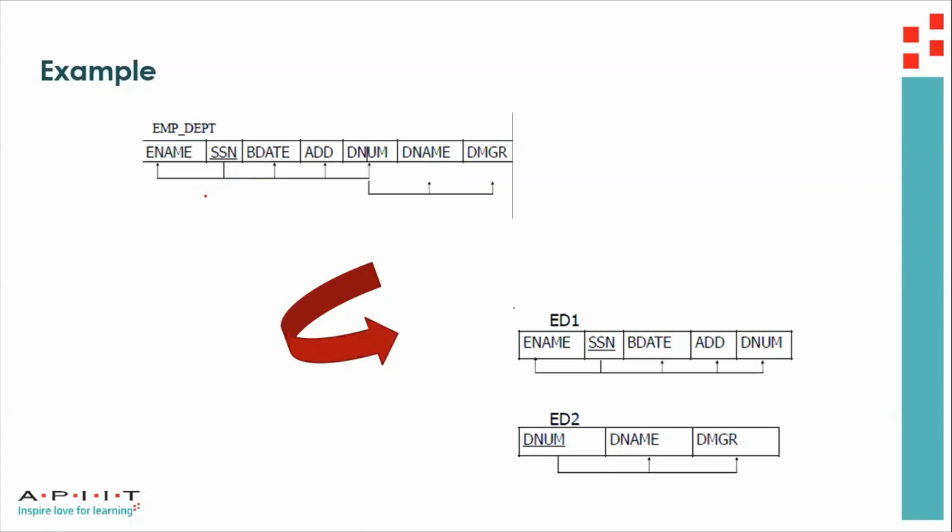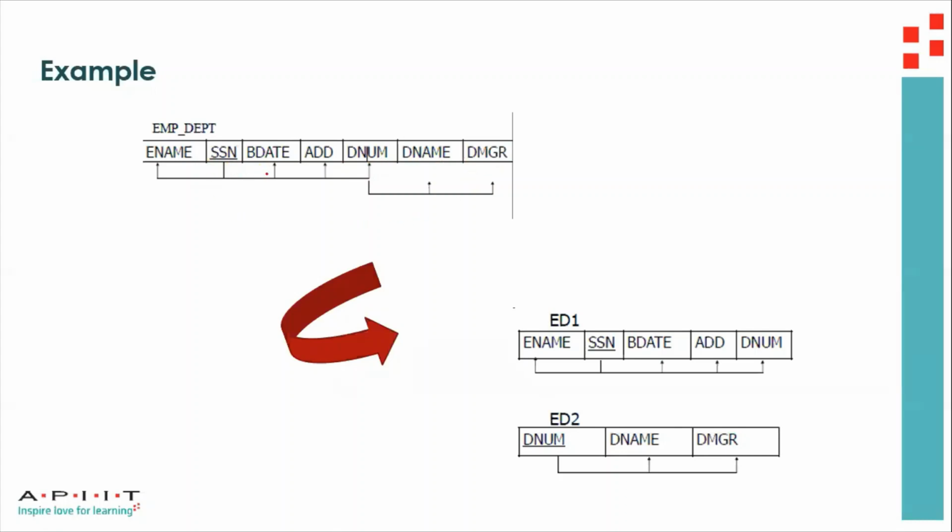That's unique, so SSN is the primary key. And we have the employee name, the date of birth, the address, and the department number, department name and department manager.